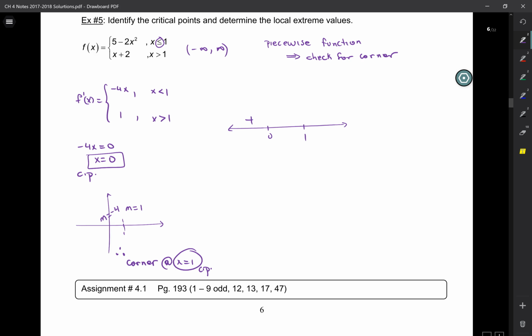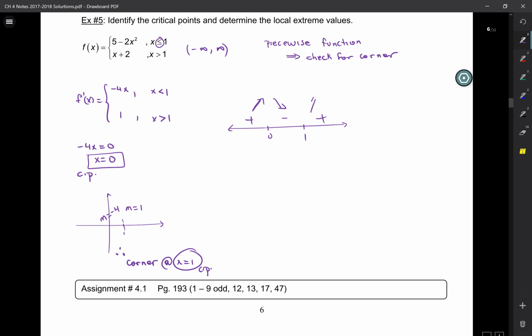How about 0.5? Negative. We don't need to show the work of finding positive and negative, right? No. And then here it'll be positive. So it increases, decreases, increases.